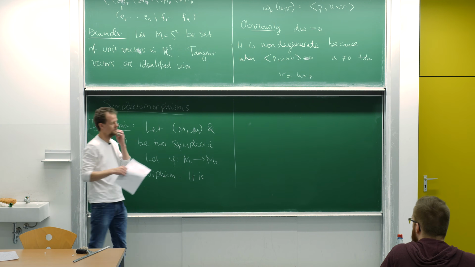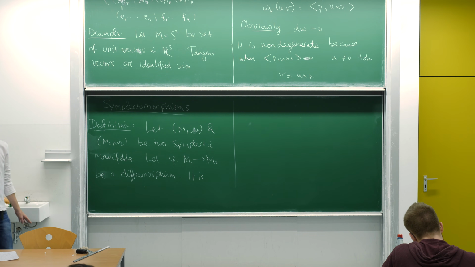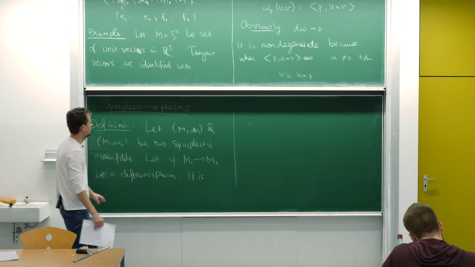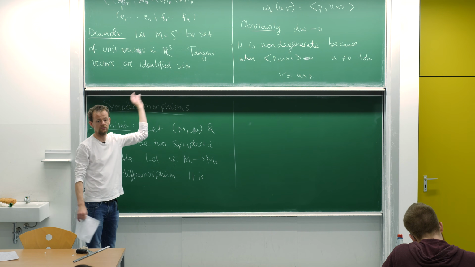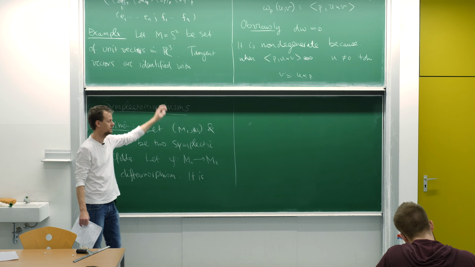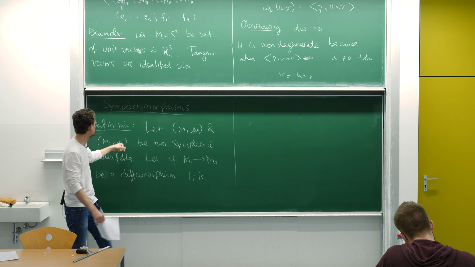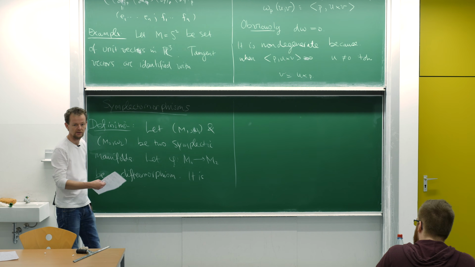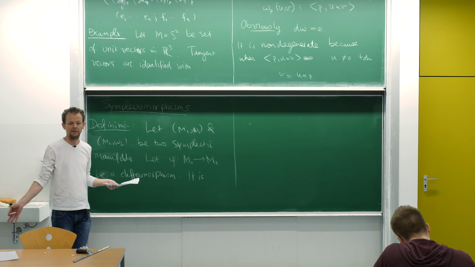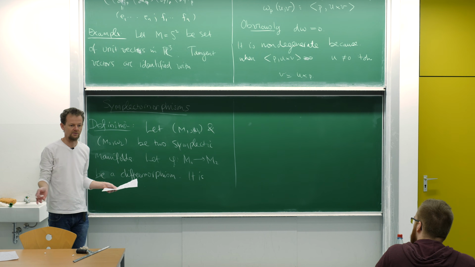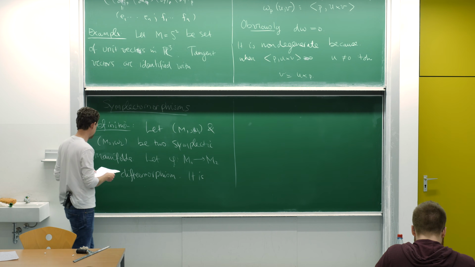And this diffeomorphism is called a symplectomorphism when it takes the symplectic form across. It pulls back the symplectic form omega 2 back to omega 1 on M1. So it's got to be a smooth map between them and it's got to respect the symplectic structure. Done.